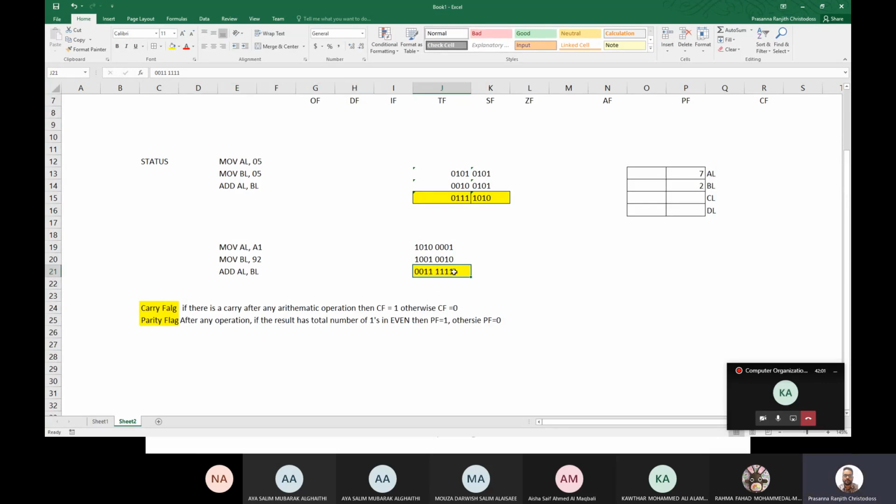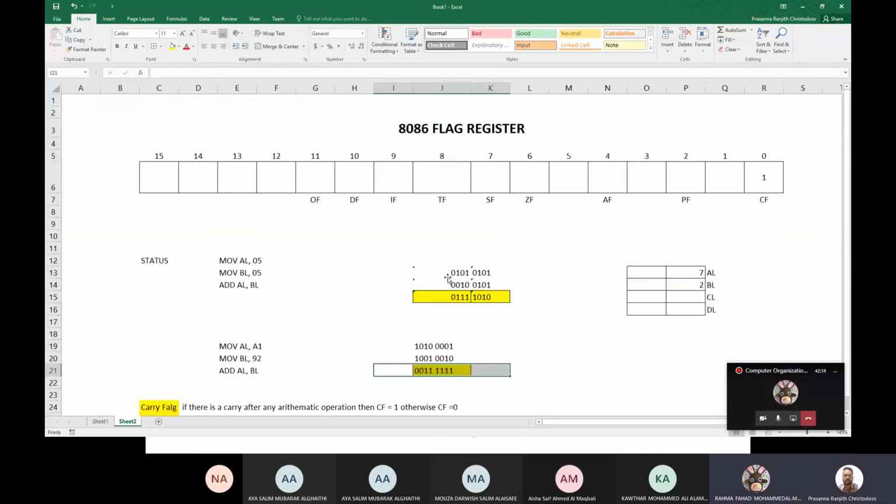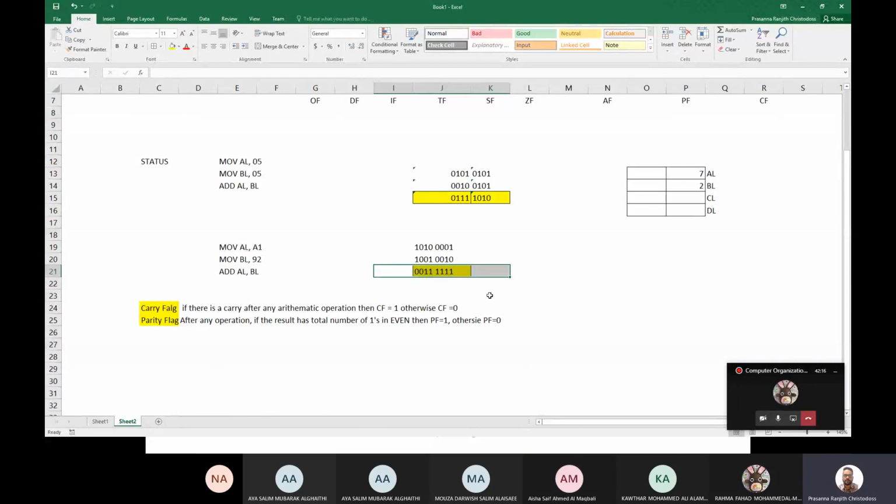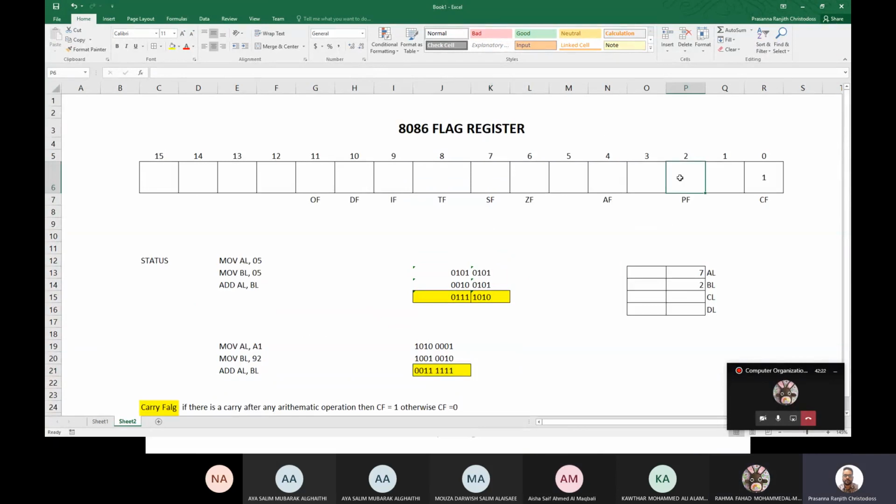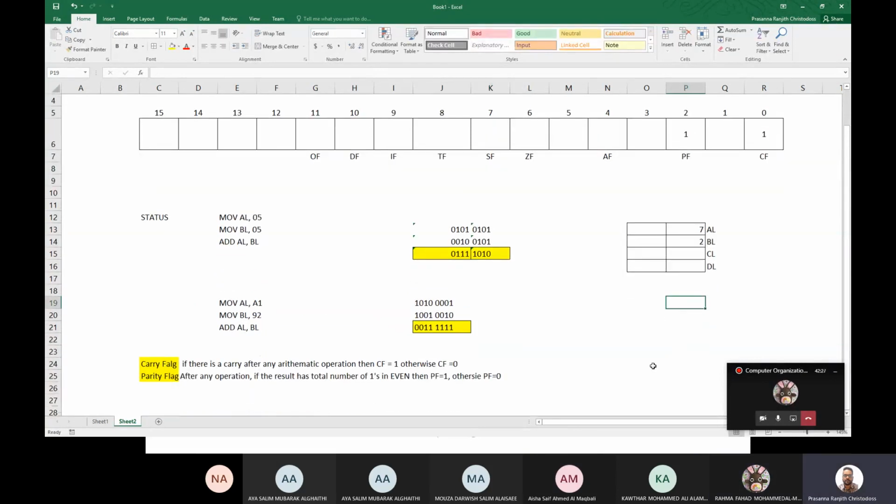Six ones, right? 6 is odd or even? Even. So the parity flag will become 1. Do you understand?